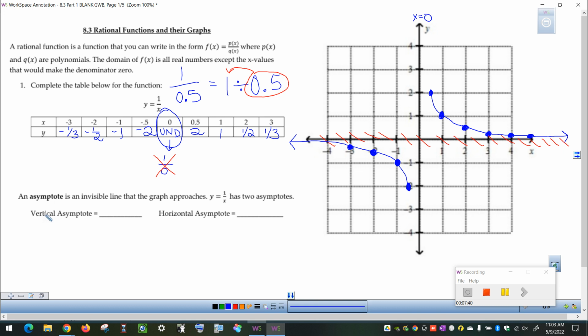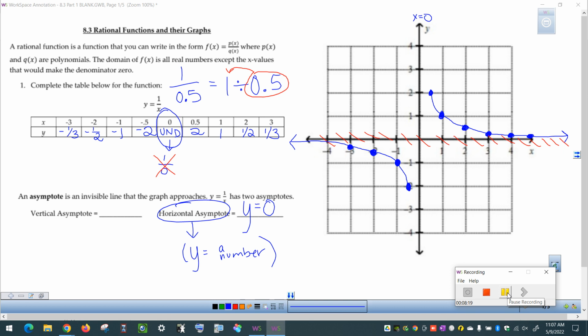All right, so let's make a little note here that we have a horizontal asymptote. It's right on top of the x-axis, and so the equation for that is y equals 0. Anytime we want to do a horizontal line, it needs to be in the form of y equals a number, and that number is just the y value where that horizontal line is sitting.